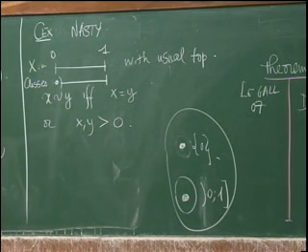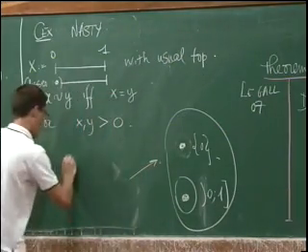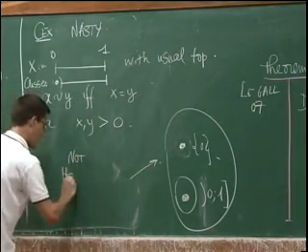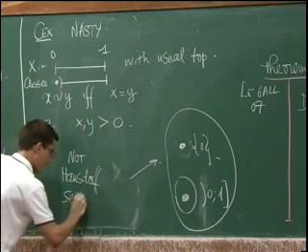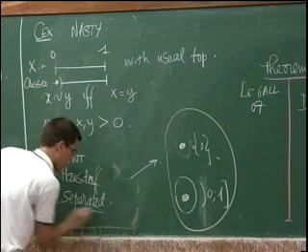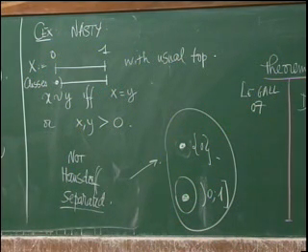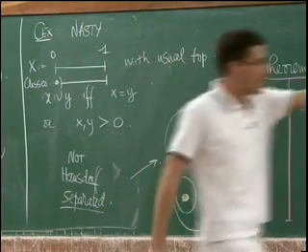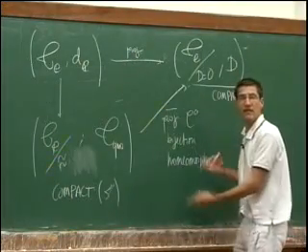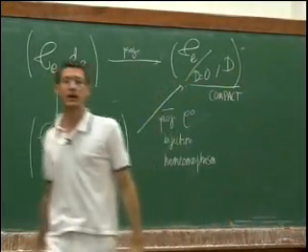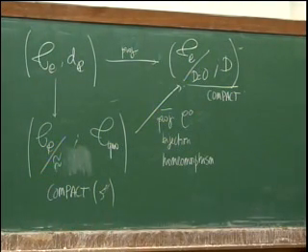Why? Because the topology is not Hausdorff, not separated. And this is very important, because if you have a continuous bijection between two compact sets, to say that it's a homeomorphism, you need your compact sets to be Hausdorff.